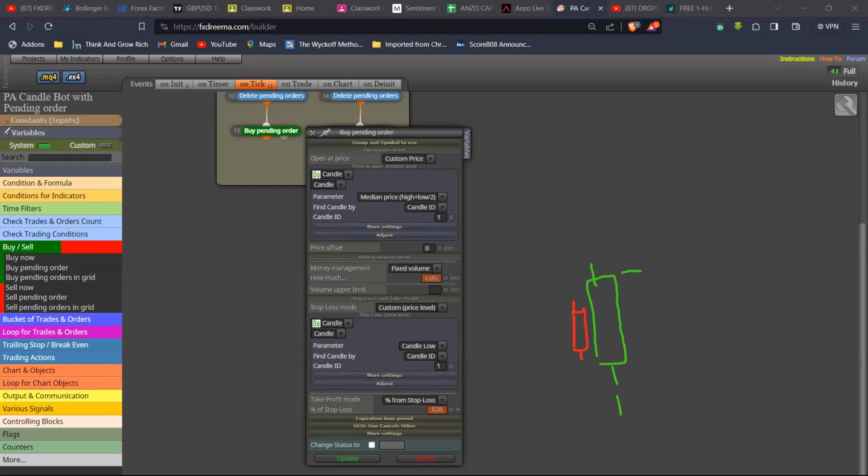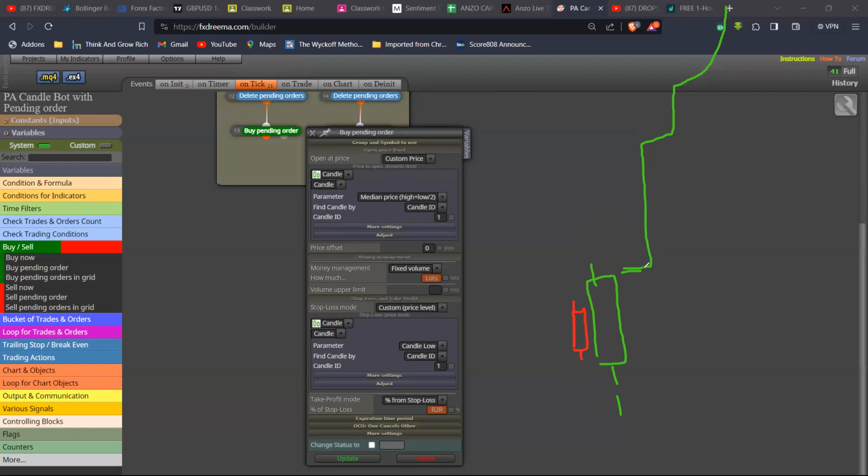Once the condition is met and price gets to the halfway point, it's going to trigger a buy. Then it will set the stop loss here and the take profit to be 2 times our risk. Also very important, there are some other conditions I did input. It's also possible that this condition is met, but price doesn't come back to our middle price. Maybe the condition is met and price just keeps going and going. How do we delete this order? The way we handled that here was we added a delete pending order block, saying that as price is moving, if it makes another bullish engulfing candle, it will delete the previous one, so that we don't have pending orders stacking up.